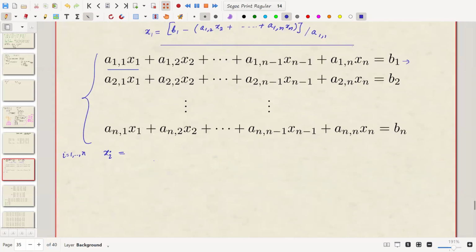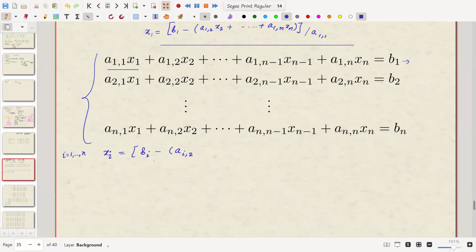Can you write it? a_i1, a_i2? Is it ai2? No?